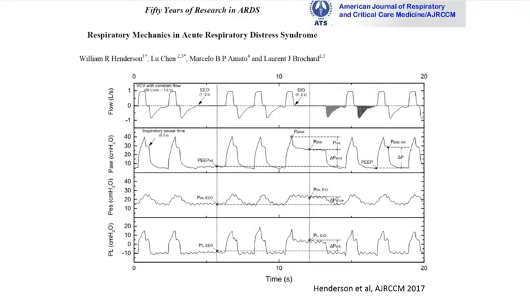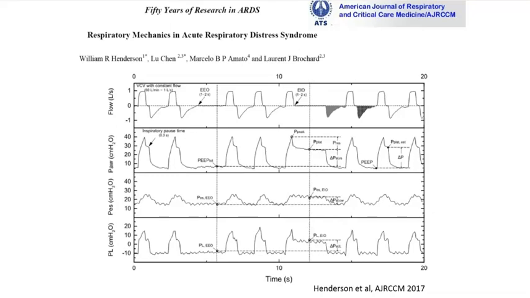And you see with airway pressure, the pressure goes up to almost 40 centimeters of water. But the change in esophageal pressure is much smaller, maybe 10 centimeters of water.